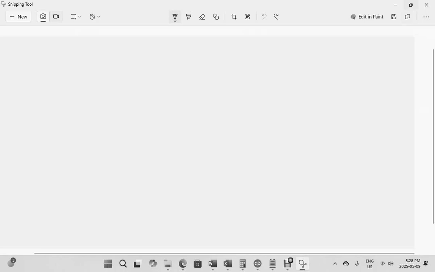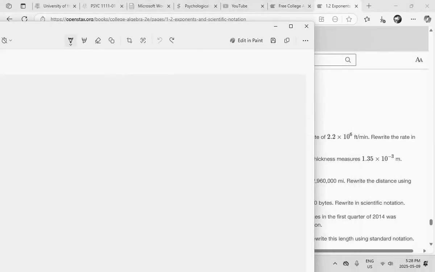This is 1.35 times 10 raised to negative 3 meters. In order for you to write this in standard notation, basically, if this is a negative exponent, you're going back rather than moving forward.